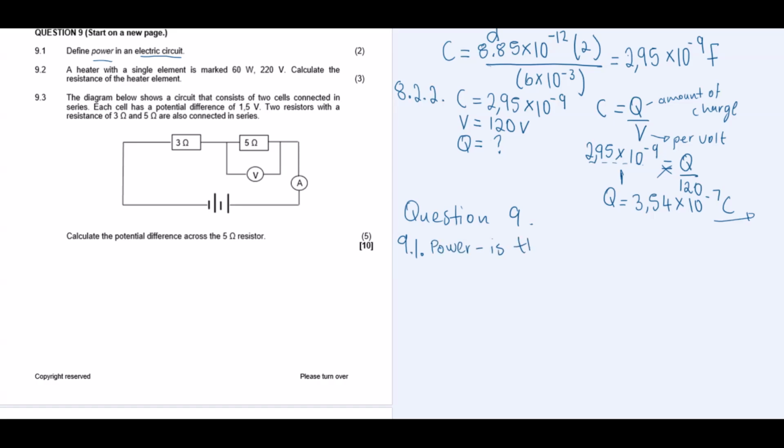So power is the rate at which electrical energy is converted in an electric circuit.